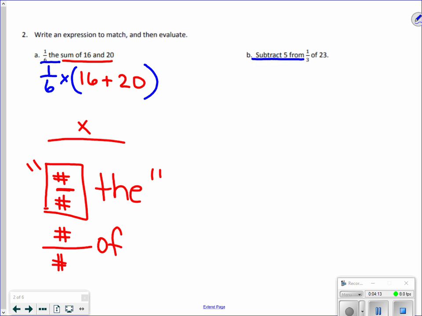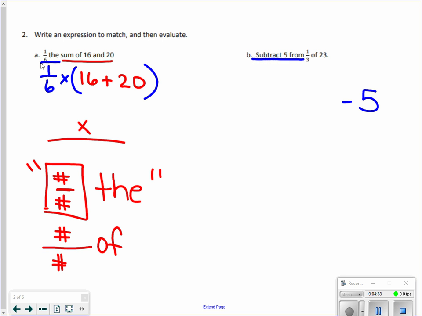The back, because I'm taking 5 out of it. So 5 needs to go in the back because I'm taking 5 from it. That was one that y'all struggled with so much.